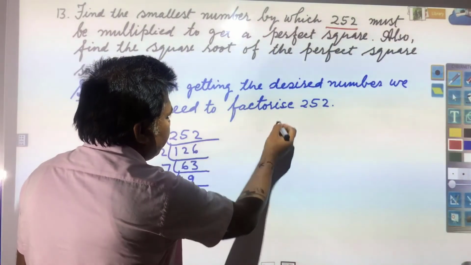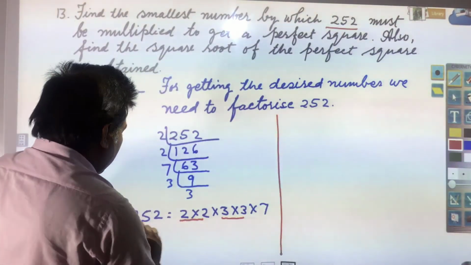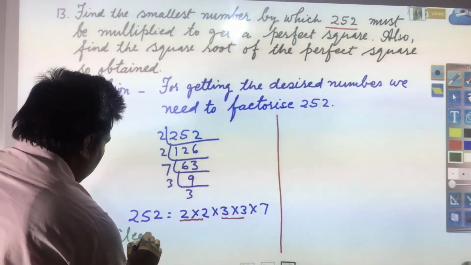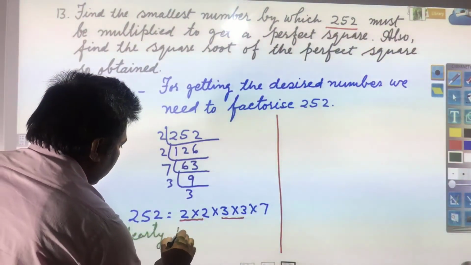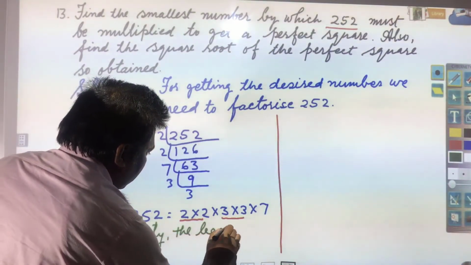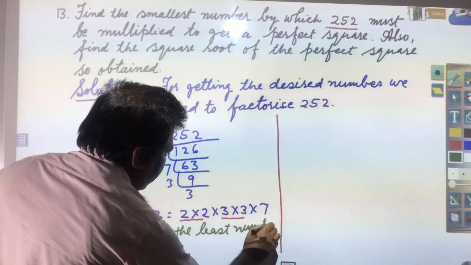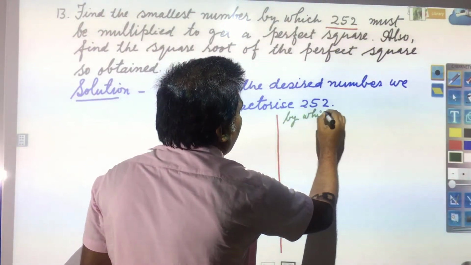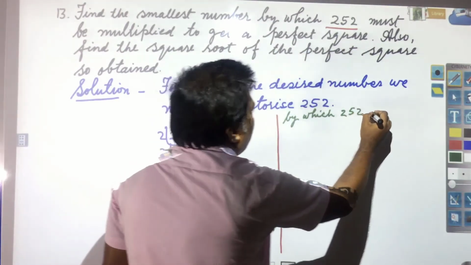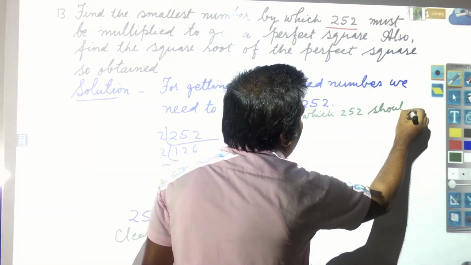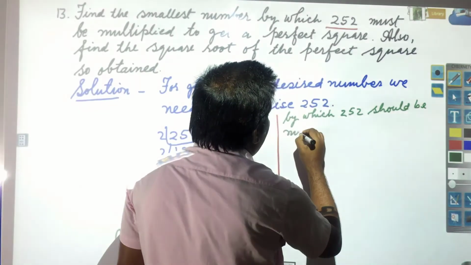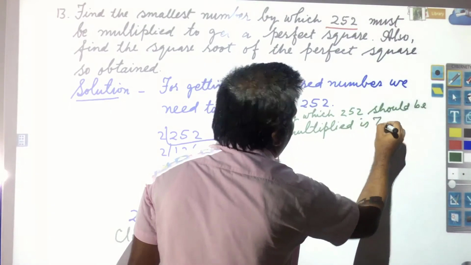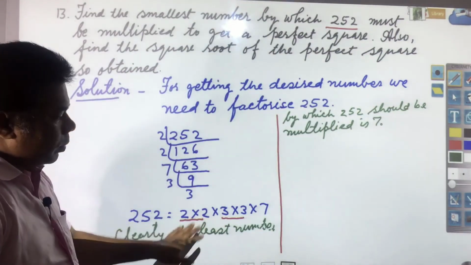So, here you see, here itself you can write clearly the least number by which 252 should be multiplied is 7. So, by 7 this number should be multiplied.